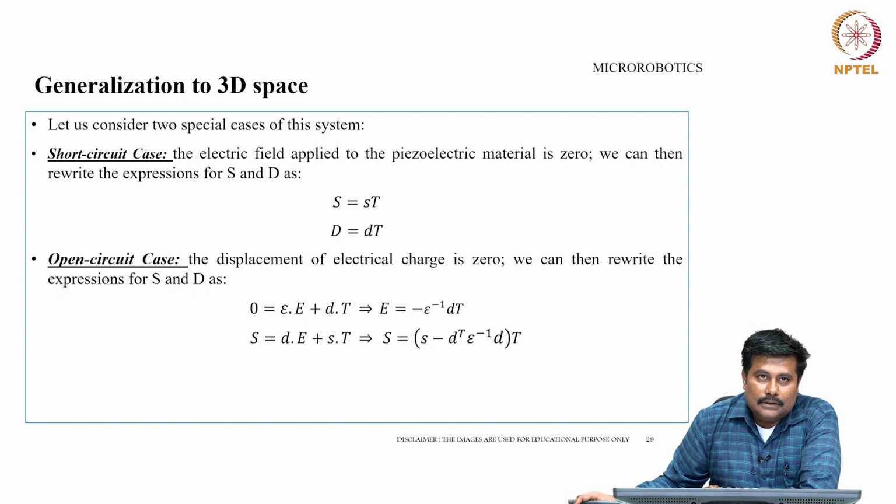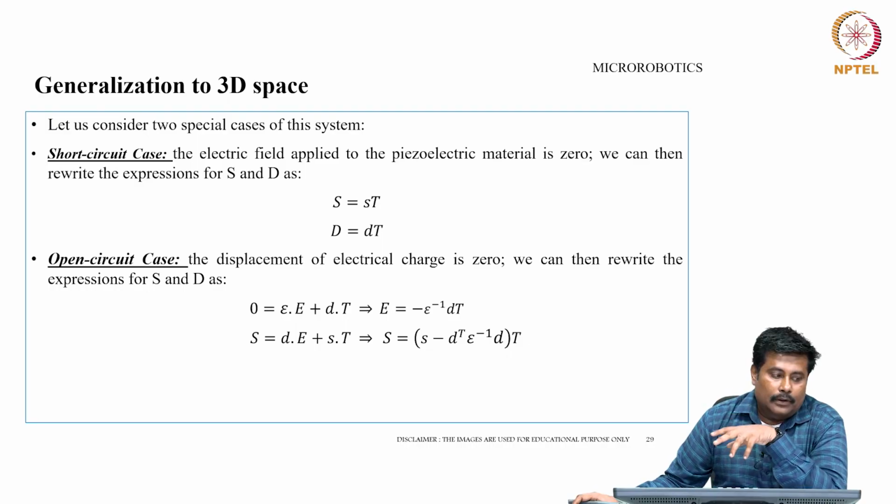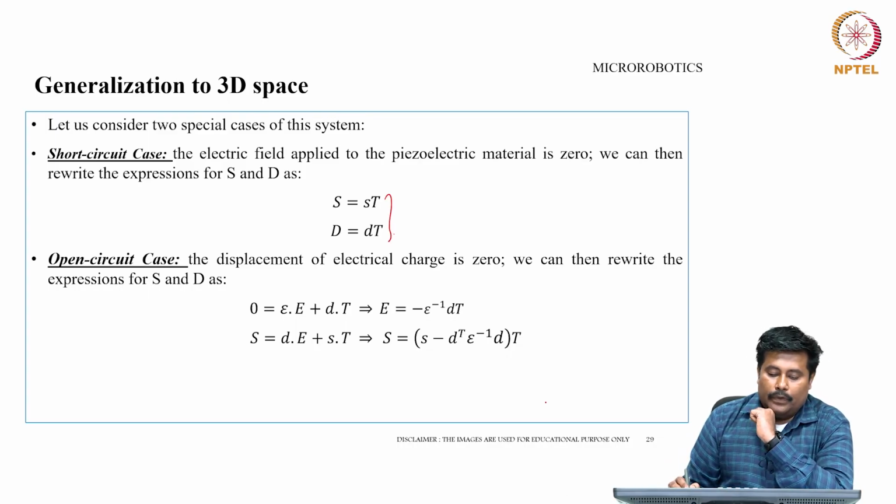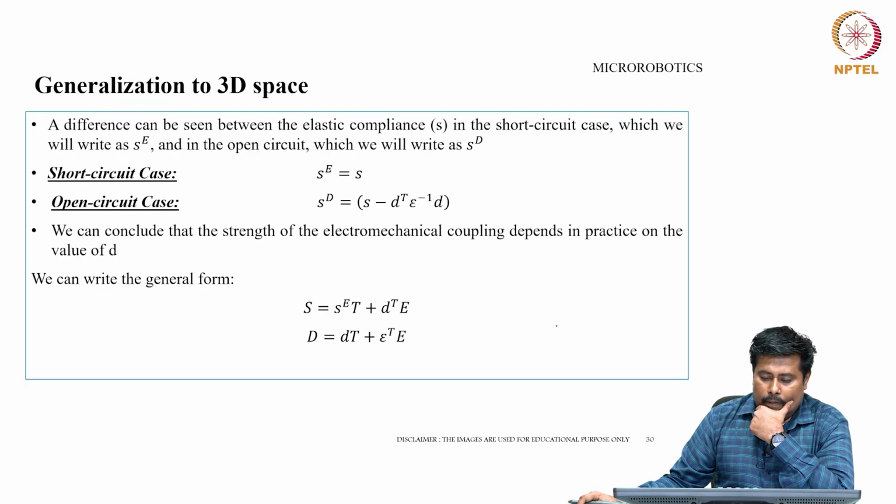Now, as far as this generalization is concerned, let us consider two special cases of this system. One is a short circuit case, where the electric field applied to the piezoelectric material is 0. We can then rewrite the expressions for S and D as shown in this equation. In the case of an open circuit, the displacement of electric charge is 0, and we can rewrite the expressions for S and D, which are represented over here.